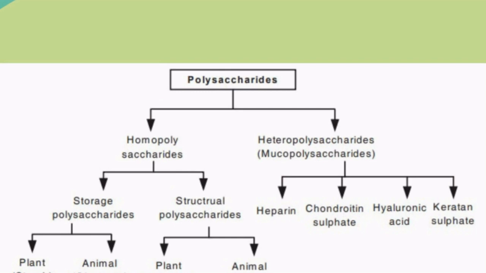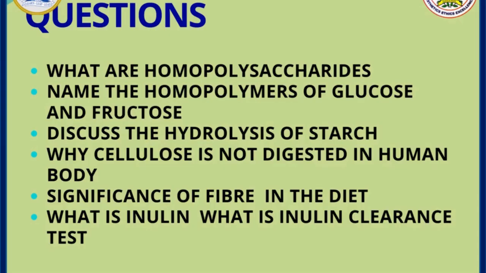In animals, the storage polysaccharide example is glycogen. Cellulose is the plant structural polysaccharide which gives form and shape to the plants. In animals, chitin forms the exoskeleton of crustaceans. These are the possible questions in theory and orals in the homopolysaccharides topic.